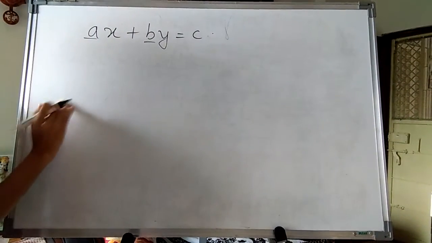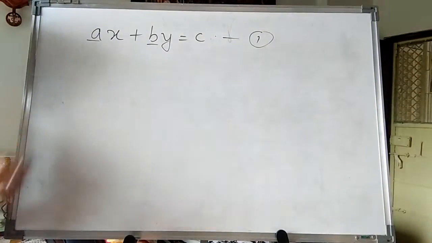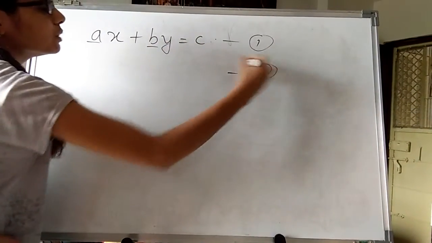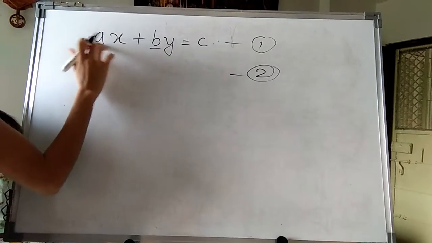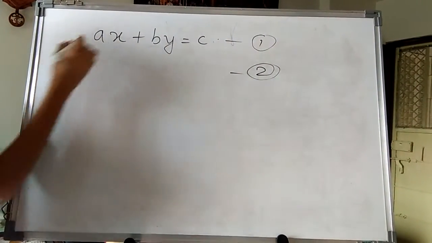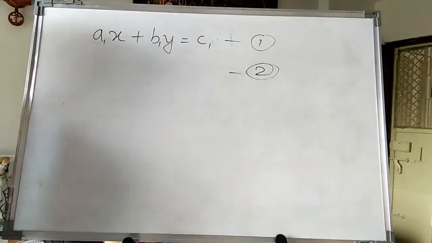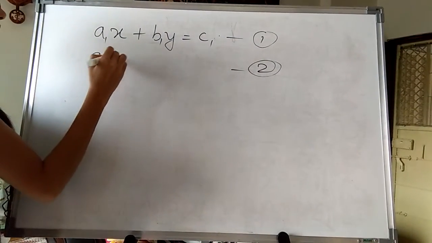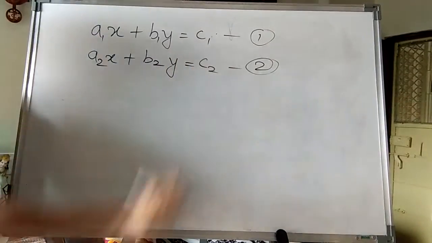In a similar way, this is your one equation. For the second equation, using the same form, let us take this as A1, B1 and C1. And for the second equation, we will write it as A2x plus B2y is equal to C2.